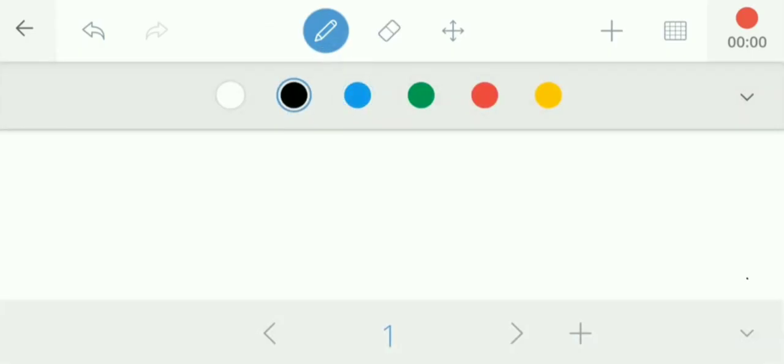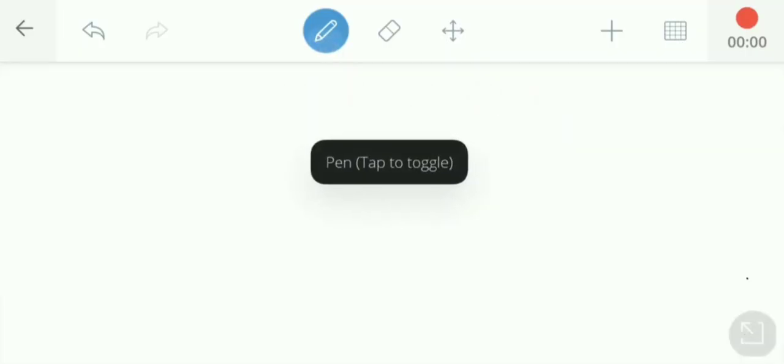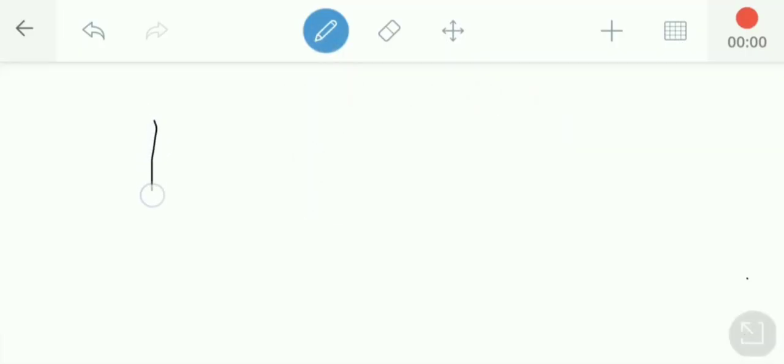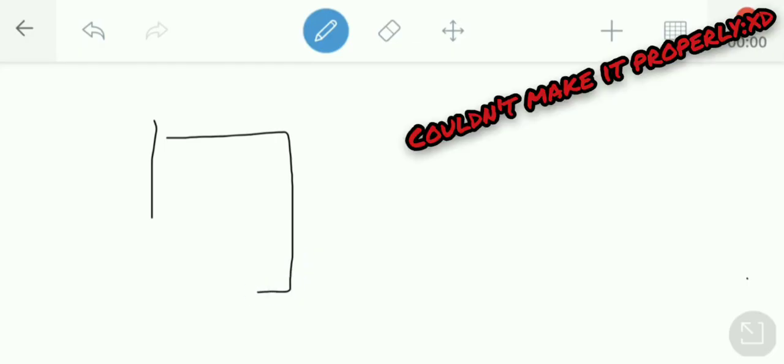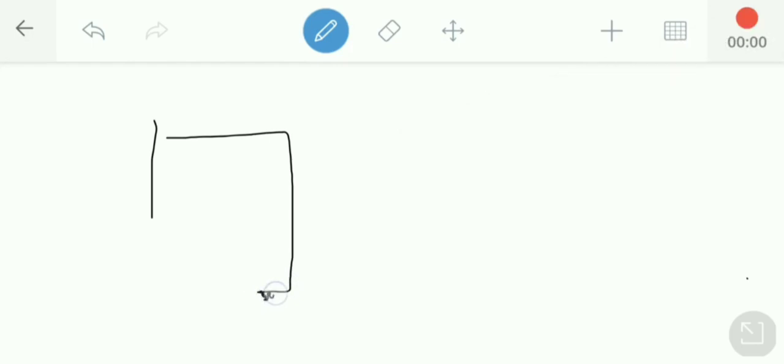Just we will draw the wires with the black pen. Let it be an electric circuit. Let it be a switch. I cannot draw it properly, and these may be the terminals.